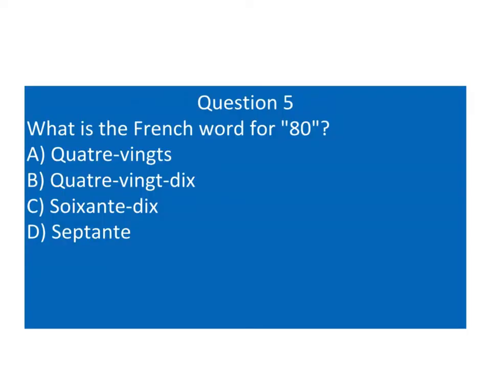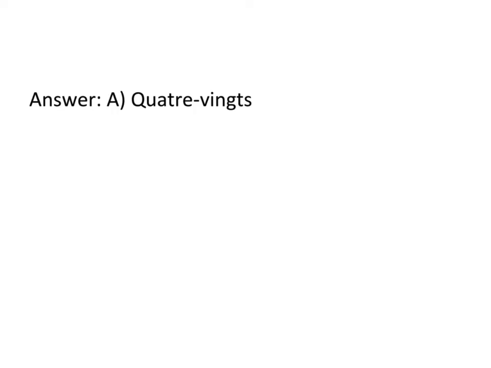Question 5. What is the French word for 80? Remember, for 80 they did a multiplication. So is it quatre-vingts, quatre-vingt-dix, soixante-dix or septante? What is the answer? The answer is A. Quatre-vingts.